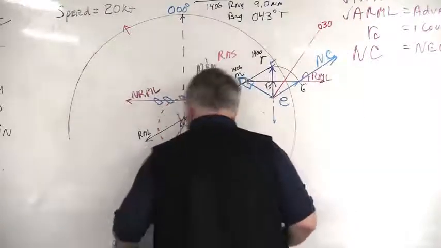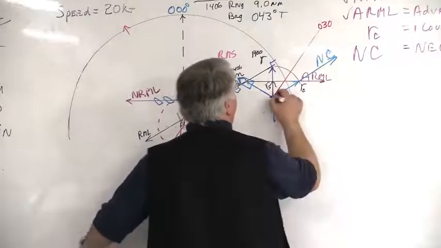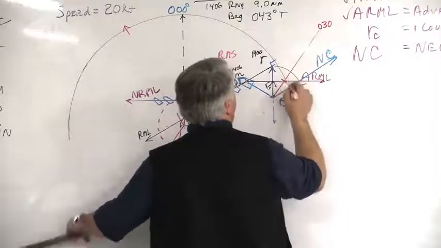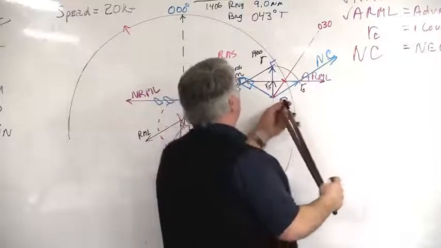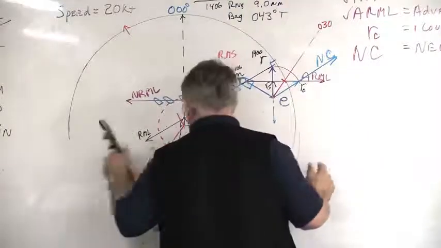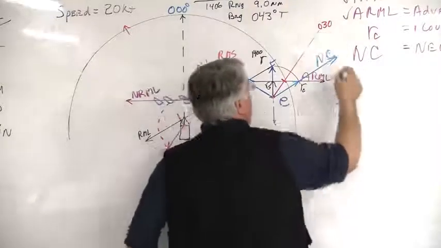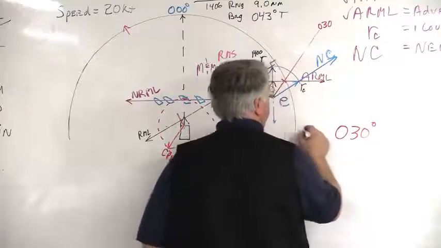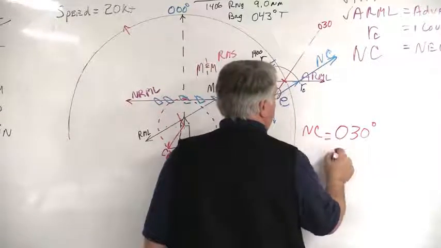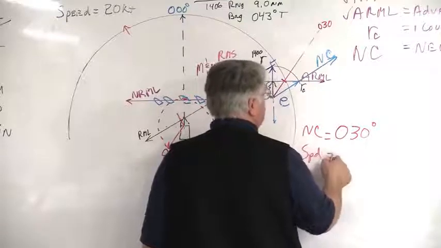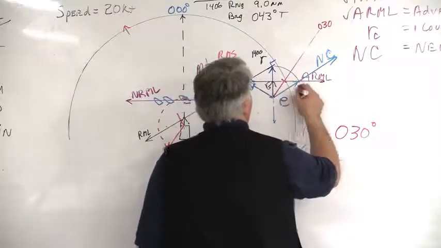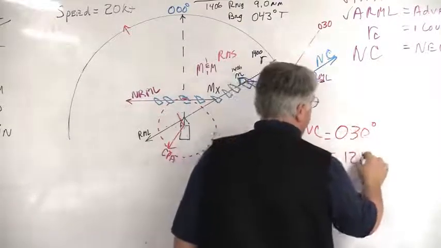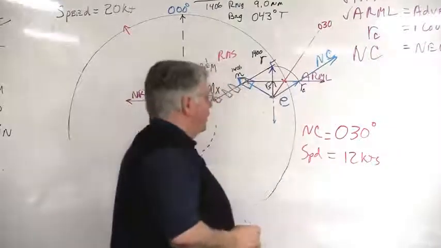Now you take your compass and you measure the distance from here to here, where the ARML crosses that new line. That's how much you would have to slow down. So you'd change course to 030, and you must do a speed change, whatever that is. We'll say it's like 12 knots, just for the sake of discussion.